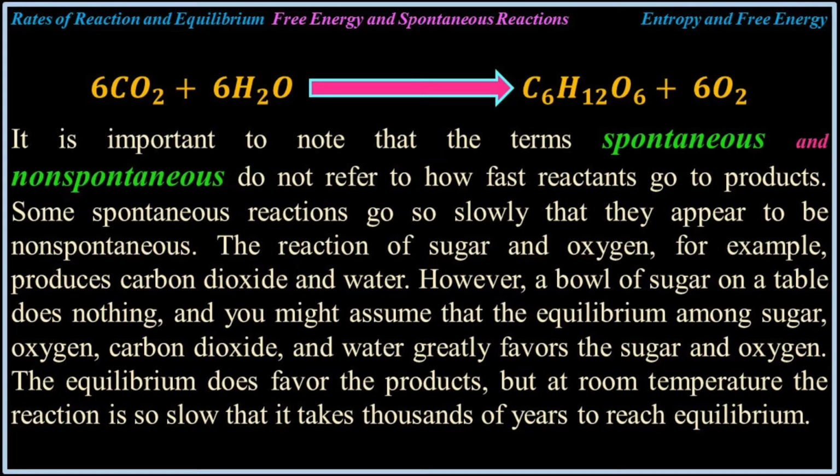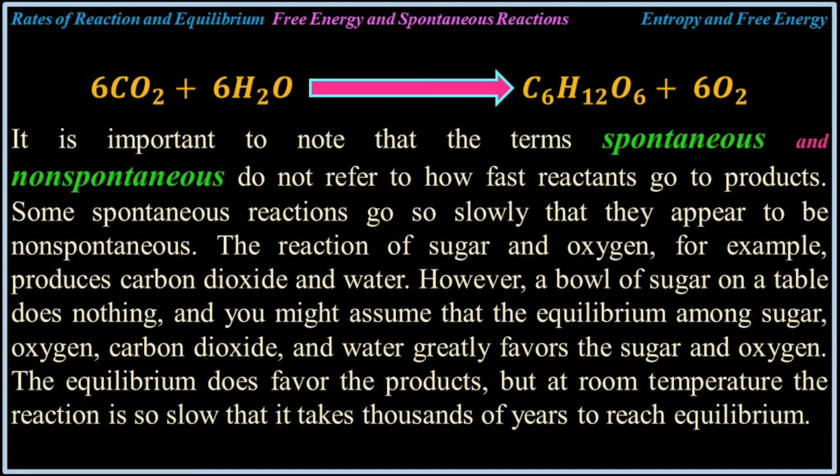It is important to note that the terms spontaneous and non-spontaneous do not refer to how fast reactants go to products. Some spontaneous reactions go so slowly that they appear to be non-spontaneous. The reaction of sugar and oxygen, for example, produces carbon dioxide and water.